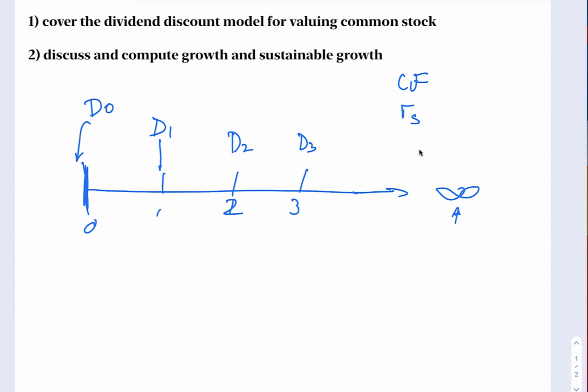Let's assume that D subscript 0 is $1. We want to know, well, what is this dividend 1 year from now? Well, we need a growth rate. So let's mark it down here. D subscript 0 is $1. Let's assume a growth rate of 4% in dividends.